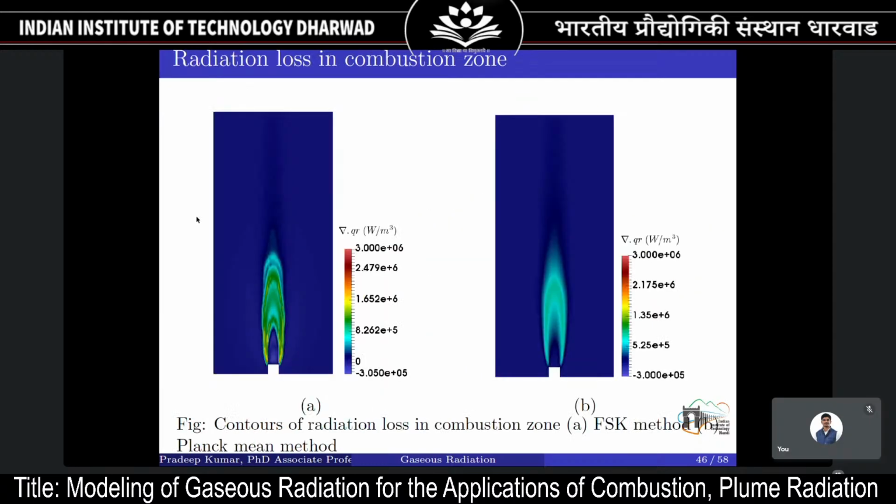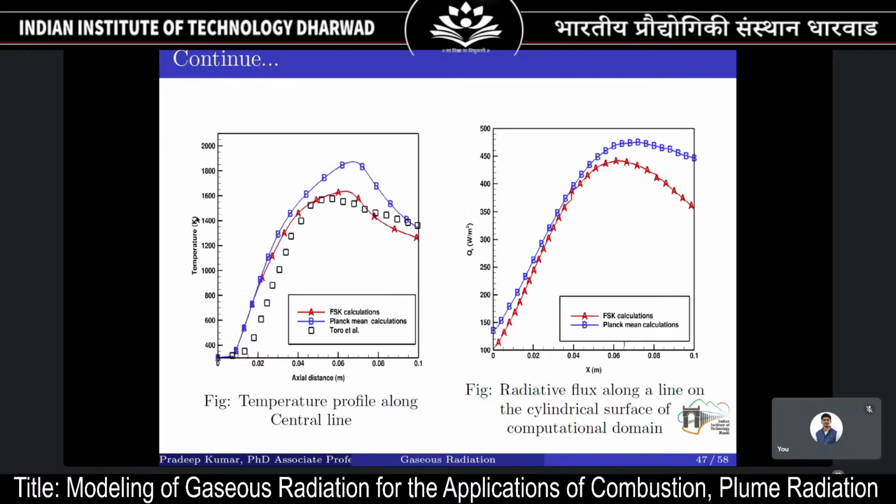Okay, so this is your loss of radiation in the flame, compared between the Plume, which is a very primitive model, and the more accurate model, FSK. Look at that, FSK is giving more loss in the plume. More loss in the plume means the temperature will get reduced. So this is how peak temperature is getting reduced.